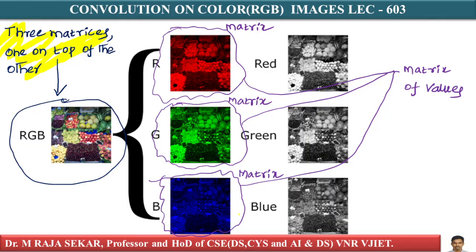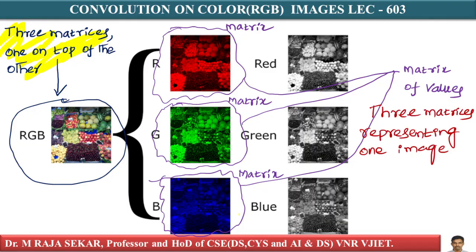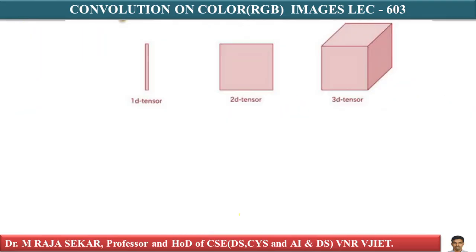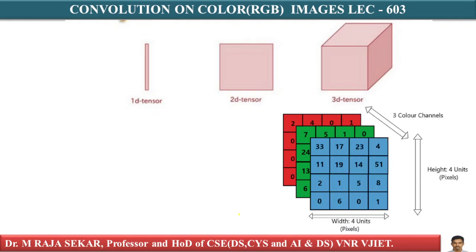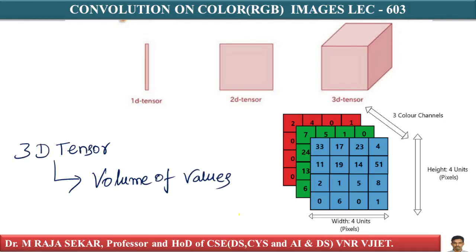This is three matrices representing one image. There is a 1D tensor, 2D tensor, 3D tensor. What is a 3D tensor? A 3D tensor is basically a volume of values.